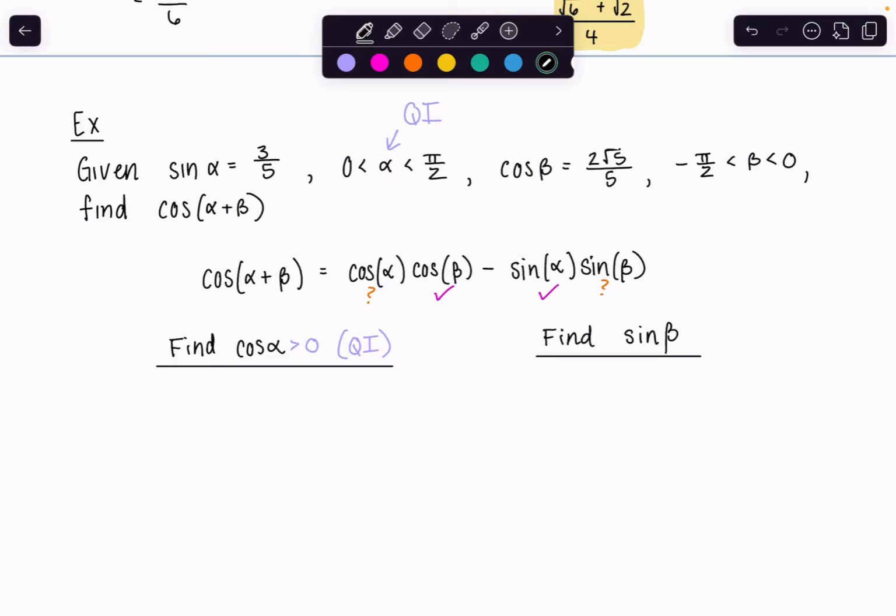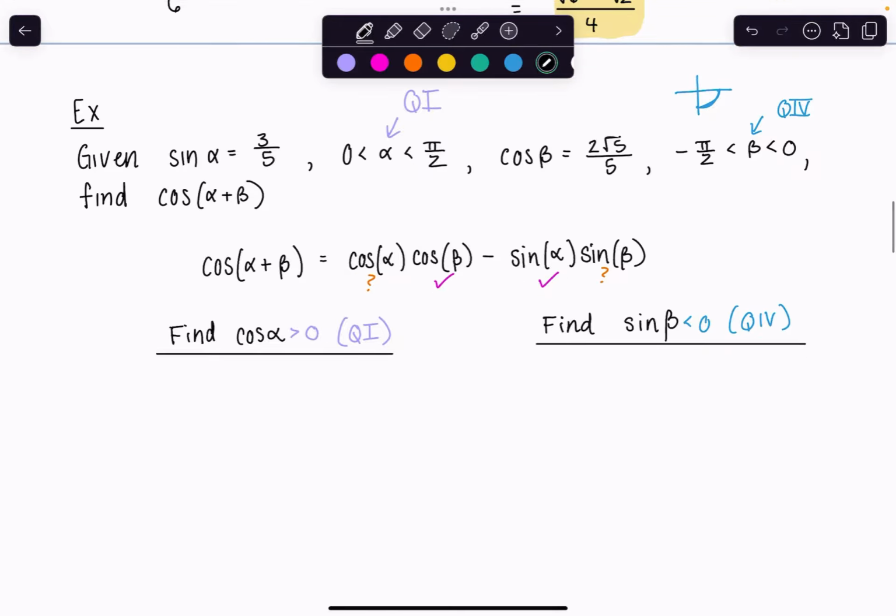If I look at the angle beta, negative pi over 2 to 0 is right here. So this is going to be quadrant 4. So when I'm finding sine of beta, it's going to be negative, because again, I'm in quadrant 4.